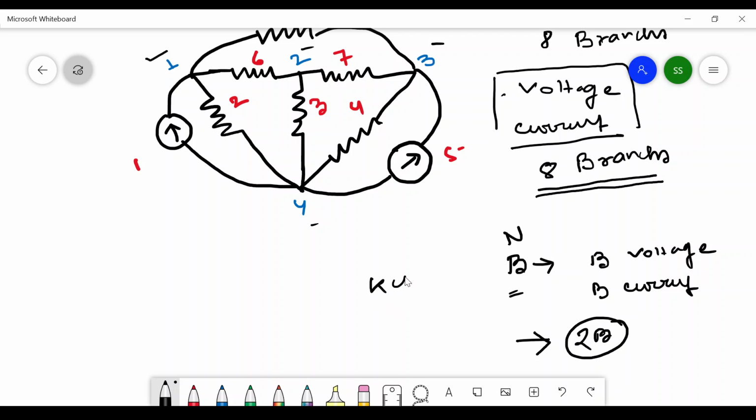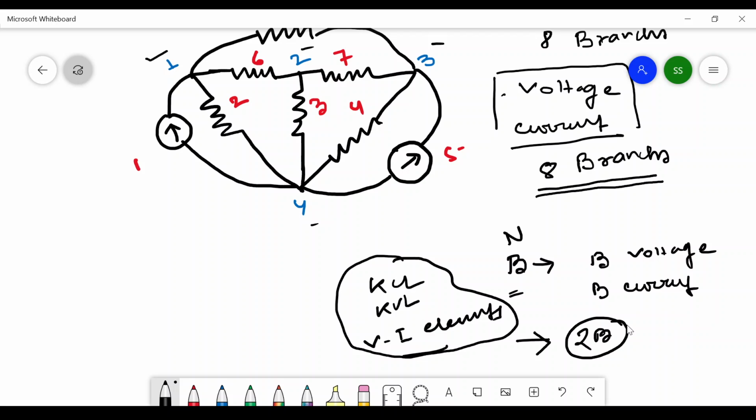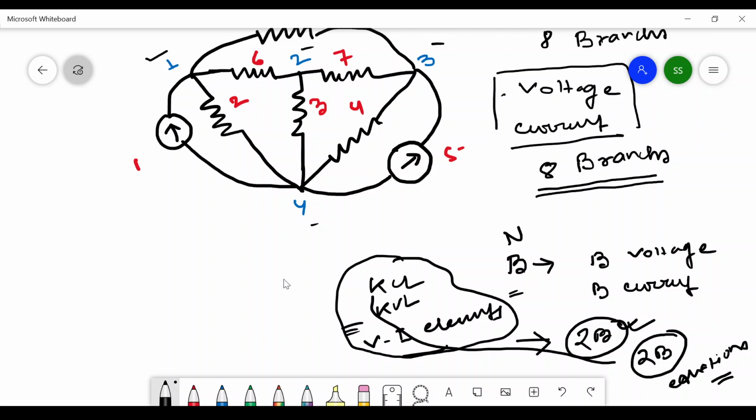From KCL, KVL and VI characteristics of the branch elements. Okay, so these are the 3 tools we have to get 2b parameters, and for that we need 2b equations, and these 2b equations will come from KVL, KCL and VI characteristics of the elements.